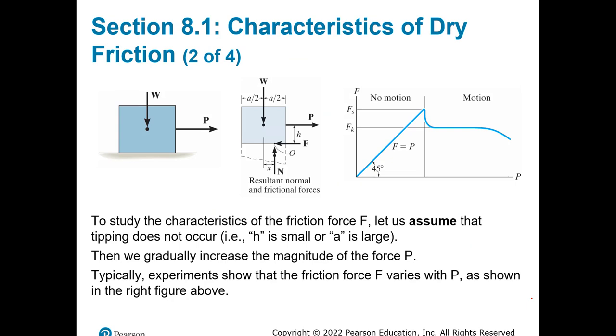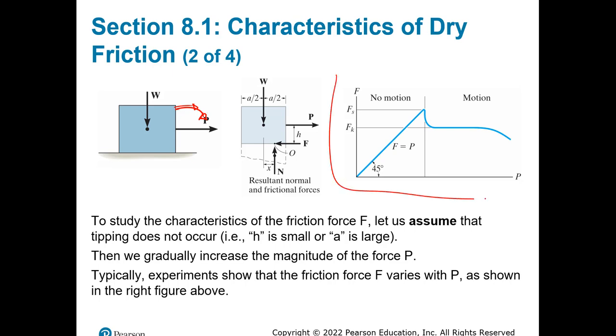So to study the characteristics of friction F, we need to assume that tipping does not occur, that this object will not tip in this direction. Then we gradually increase the magnitude of the force P. Typically, experiments show that the friction force varies with P, as shown in the picture above.